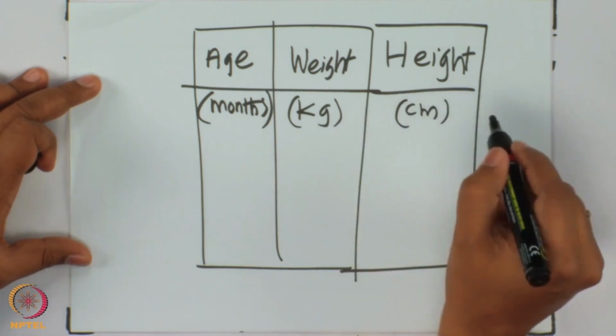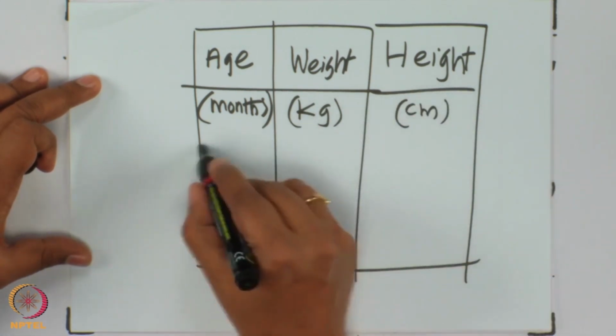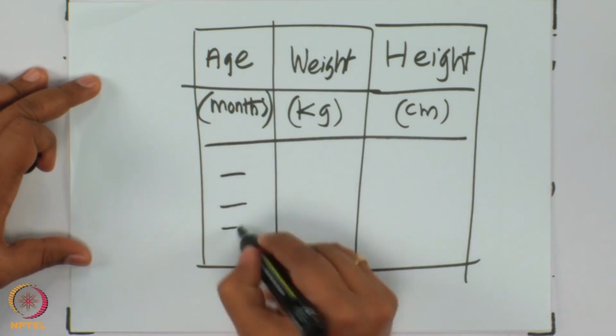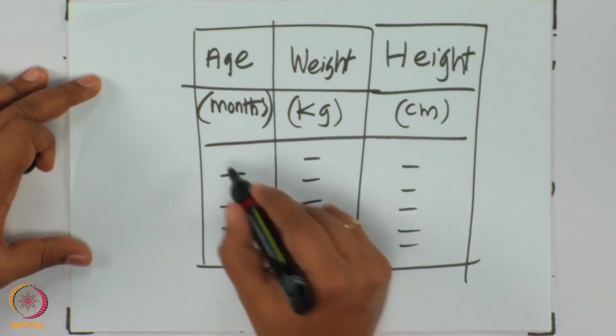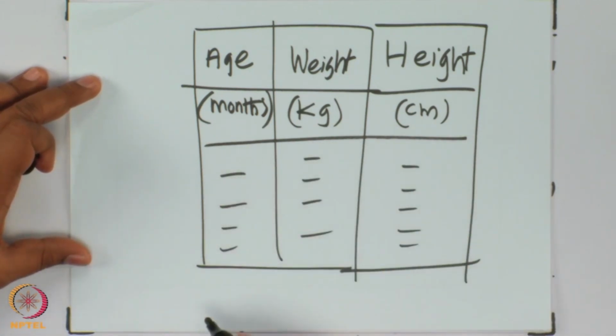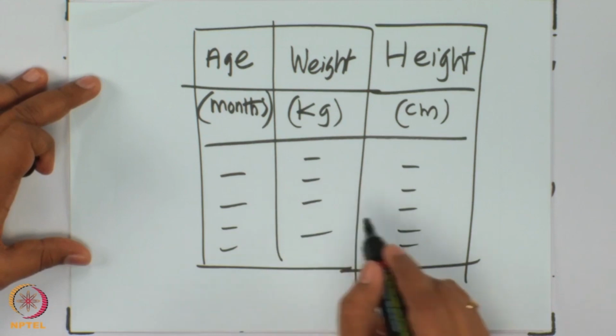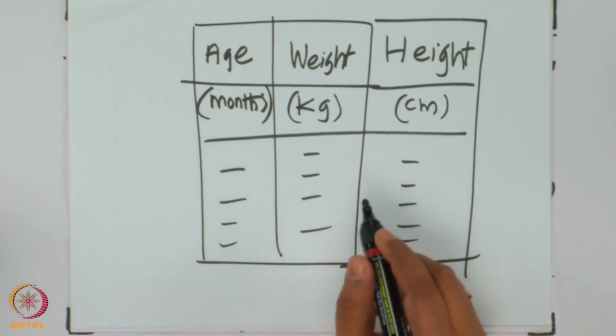So this is in months, and then we can have entries here, and corresponding to the first month, what is the weight and height, second month, what is the weight and height, and one can make such a chart. All doctors, pediatricians will have such a chart, and there will be a standard chart, and if the weight or height is too small, that means there is some growth problem, right? So one can infer some things.